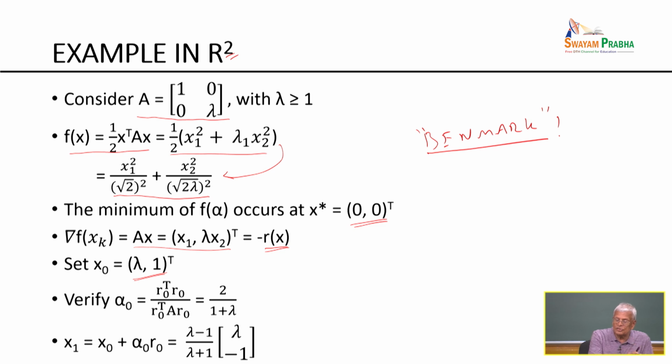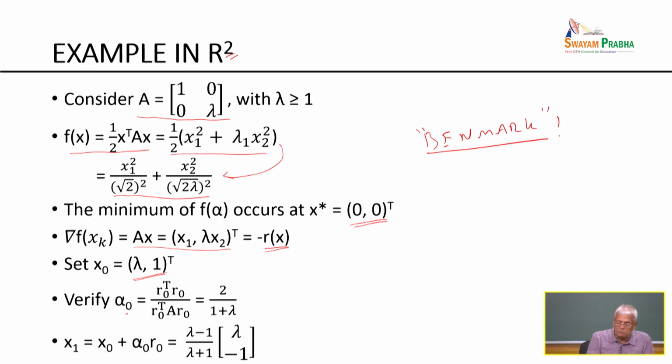Lambda is one of the diagonal elements. Why do you want to pick (lambda, 1) as an initial condition? Why not? It must be able to provide convergence for each lambda. So, I am going to pick the starting point (lambda, 1).